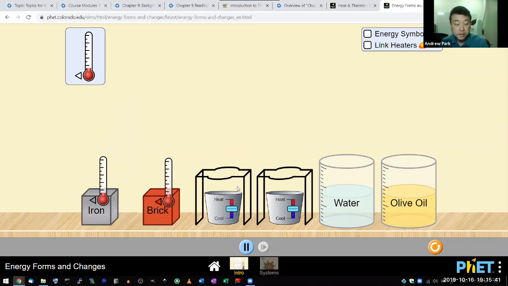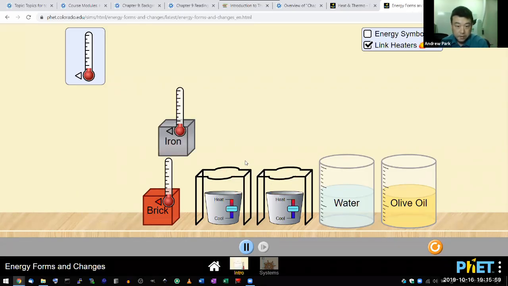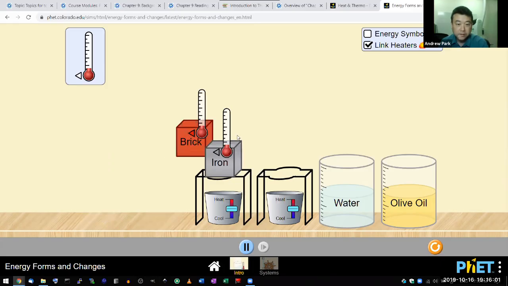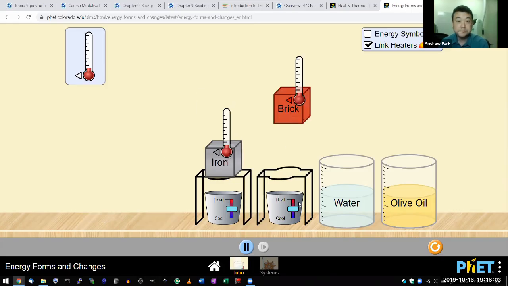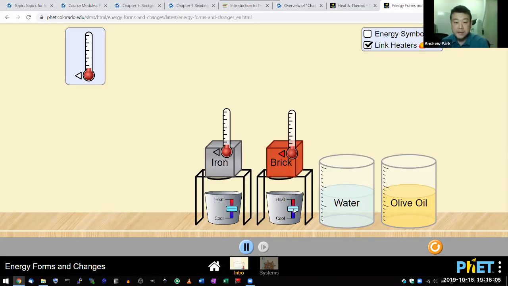Just to illustrate the simulation, I have some controls here. Oh, link heaters. Okay, so I can make sure I apply the same amount of heat. I have an iron block here and a brick block here, and as I heat them together, you have some intuition that their temperatures will change.